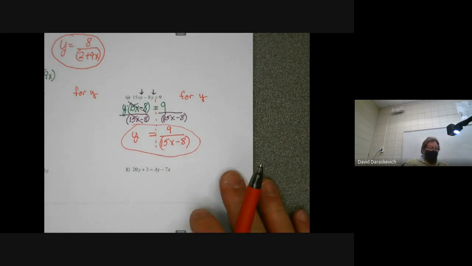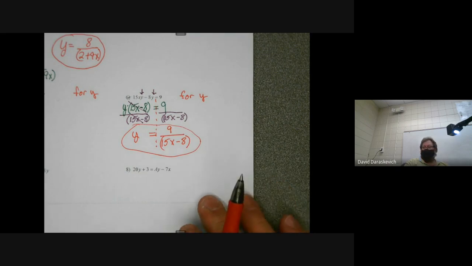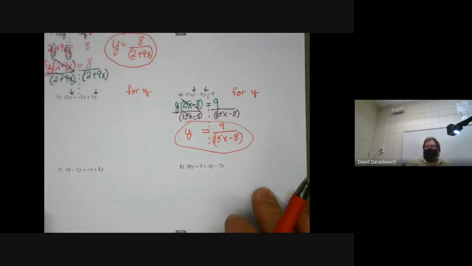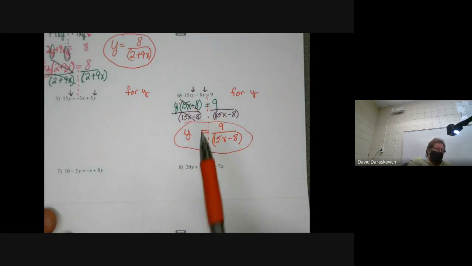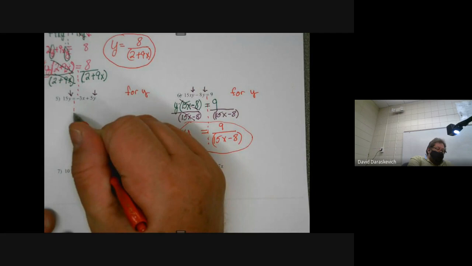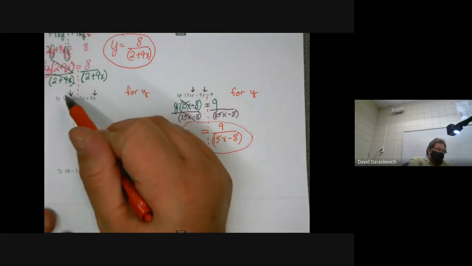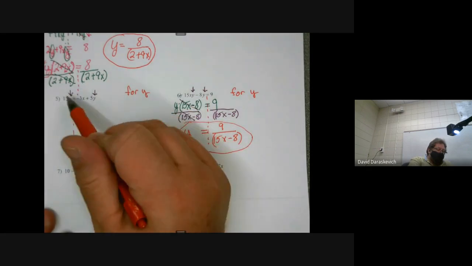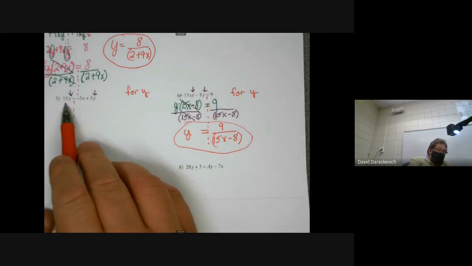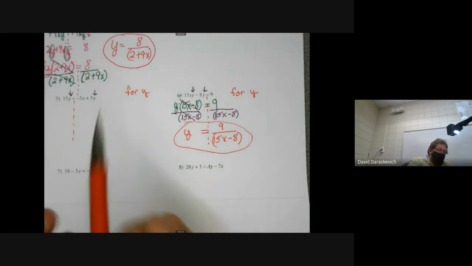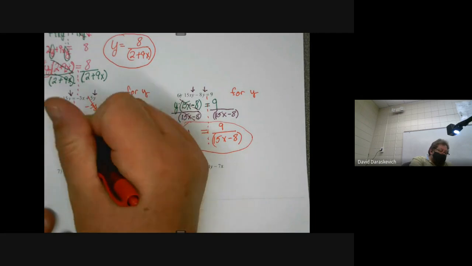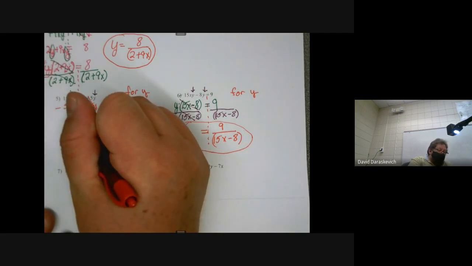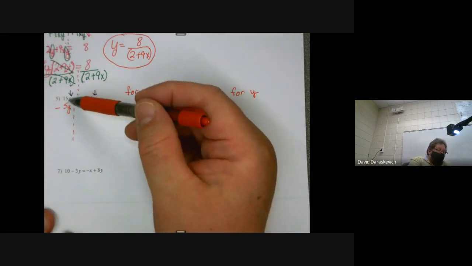Okay. Now let me go back to number 5, and I want to show you why that's going to be a little different. When I'm looking at this, and when I bring over the variable to this side, because I want any terms with the same variable on one side of my equation, when I go to subtract this 5y from both sides, these are like terms.